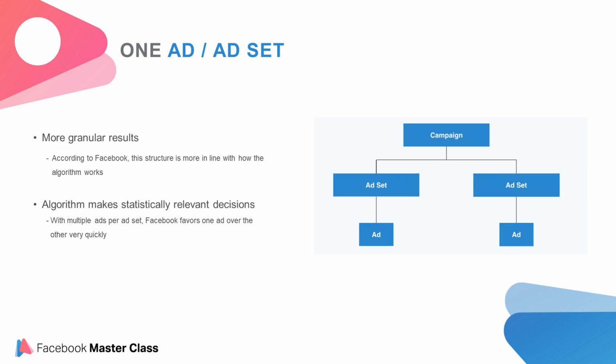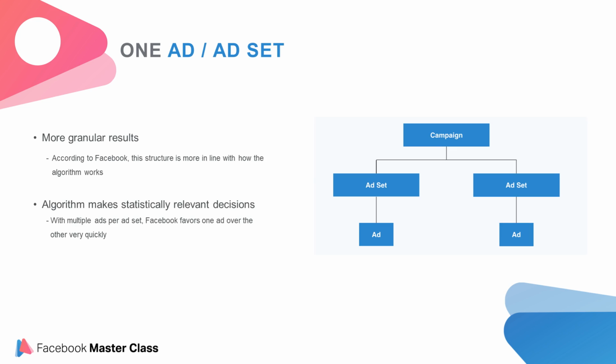So let's look at philosophy number one first, which is the one ad per ad set structure. With this campaign structure, you're getting more granular results, because according to Facebook, this structure is more in line with how their algorithm works, because you test one variable at a time only.